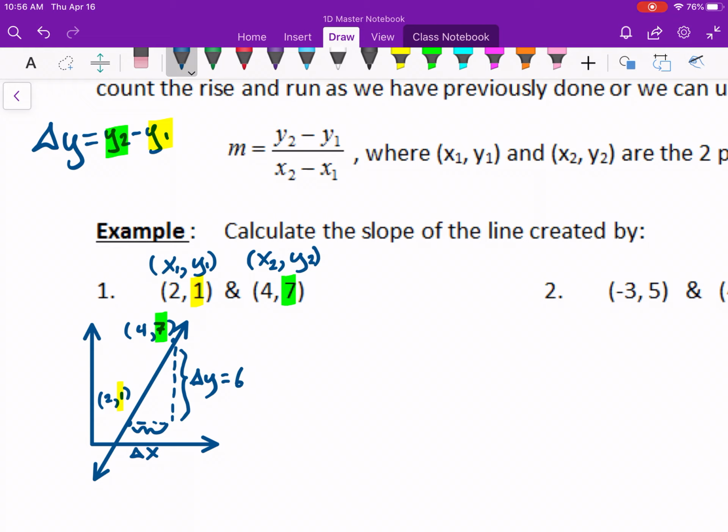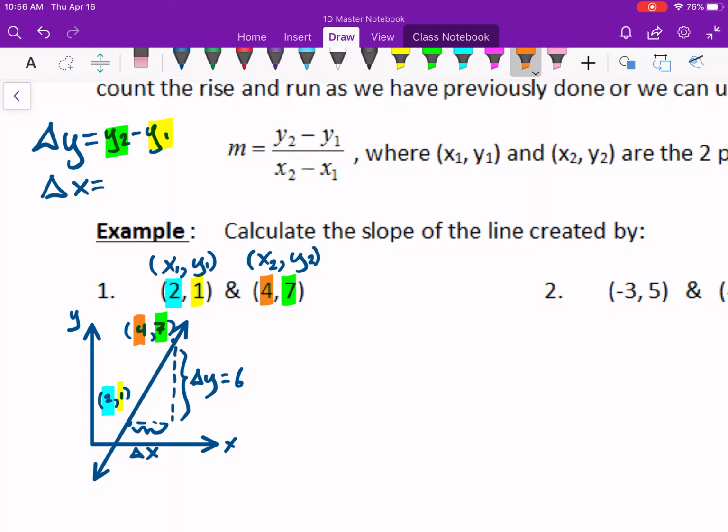And again, look at the graph. You can see that we're going from 1 on the y-axis up to 7 on the y-axis. So yeah, we've gone up by 6. Likewise, we can do the same thing for the x's, the change in the x. We're going from 2 on the x-axis over to 4 on the x-axis.